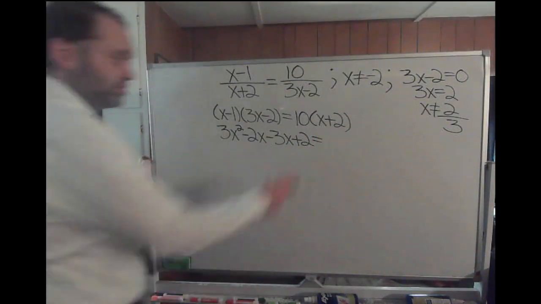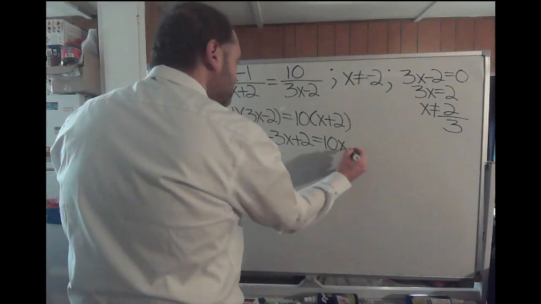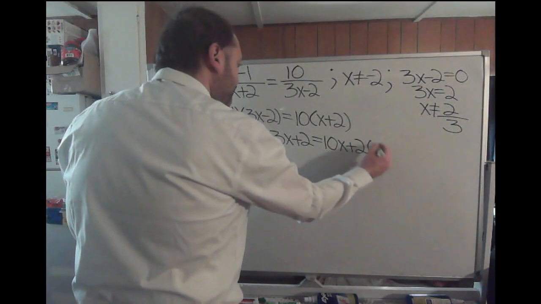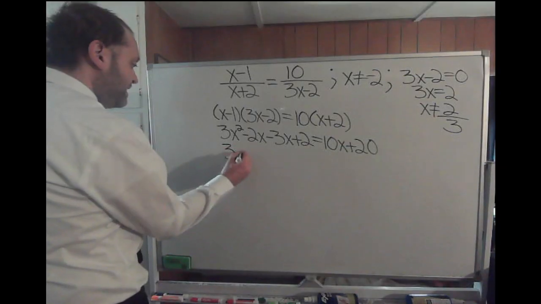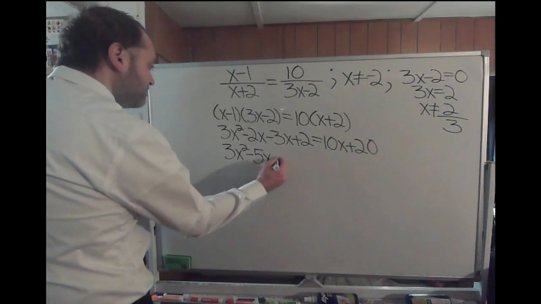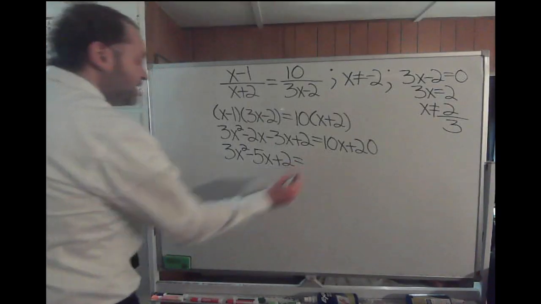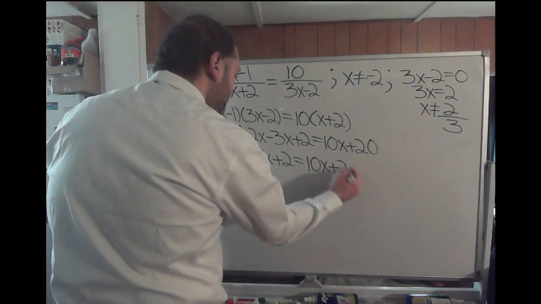That's going to be equal to, distributing on the right, you would get 10x plus 20. Let's simplify the left side first. You would get 3x squared minus 5x plus 2 equal to 10x plus 20.